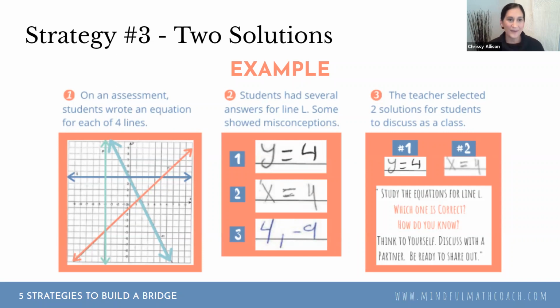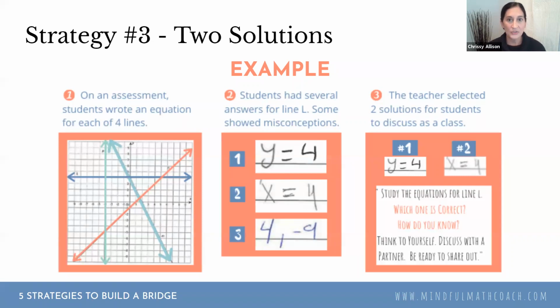I did just that when I worked with a teacher who was looking at the assessment. You can see here, students were writing an equation for different lines, and some of them got them right, some of them got them wrong. You can see some of the examples here in the middle. Y equals 4, X equals 4, 4, negative 4.